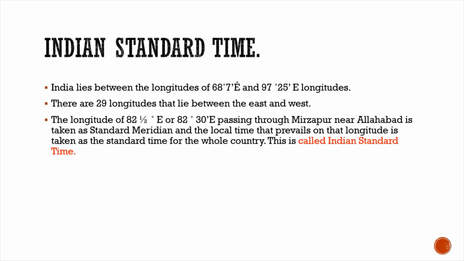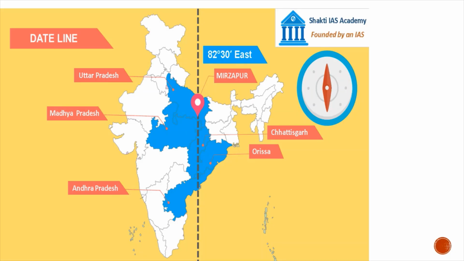Now, the longitude of 82.5 degrees east, or 82 degrees 30 minutes east, passing through Mirzapur near Allahabad, is taken as the standard meridian, and the local time on that longitude is taken as the standard time for the whole country. This is called Indian Standard Time. If you observe carefully here, we have Mirzapur on the 82.5 degree east longitude.